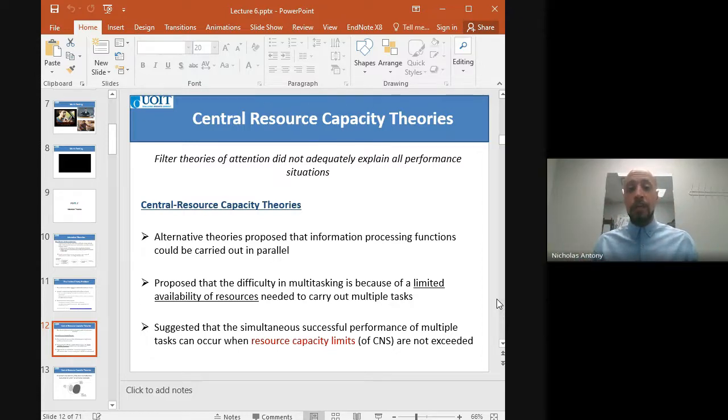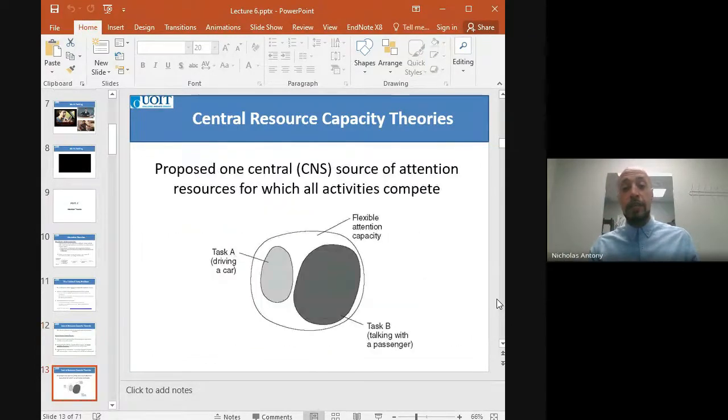With multitasking, there's a central amount of attention, and each task requires an amount of attention. As long as there is enough attention available for all of the tasks, there's no limitation in multitasking. So here we have the amount of attention hypothetically available as a circle.